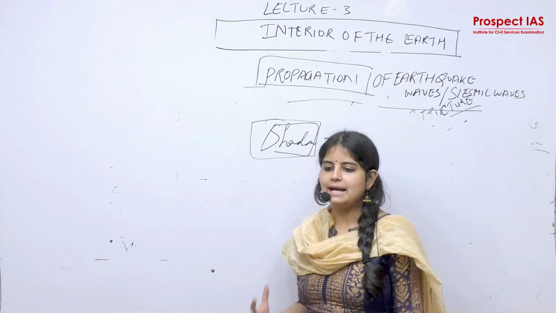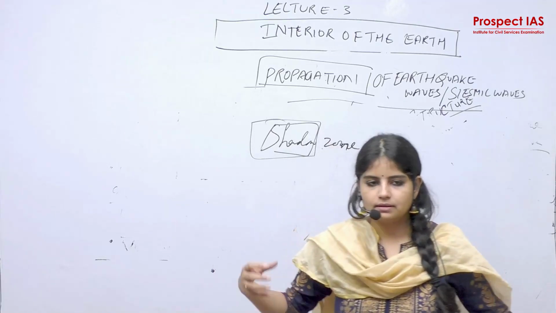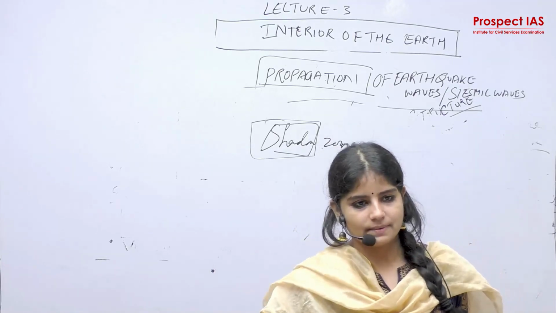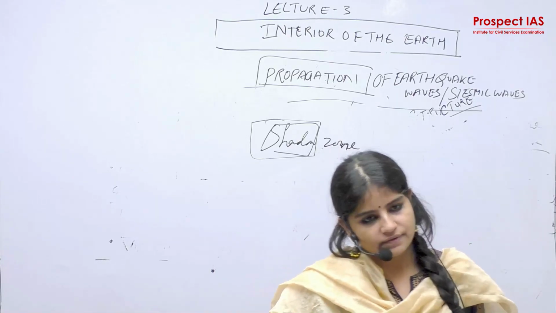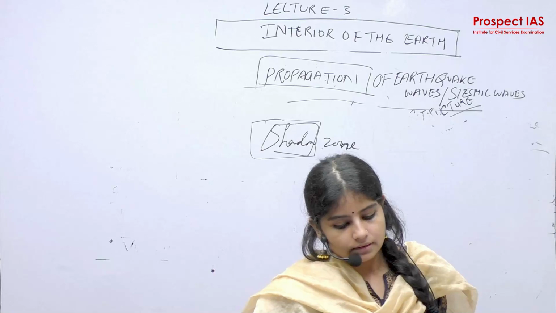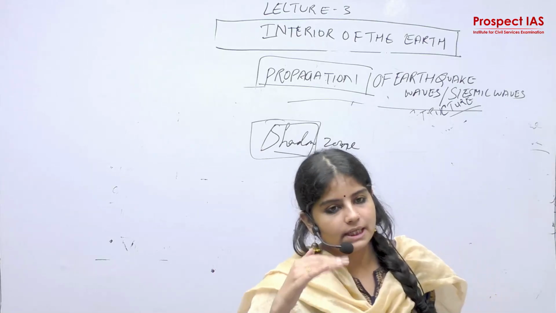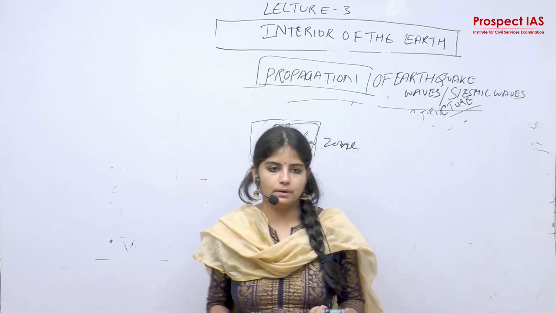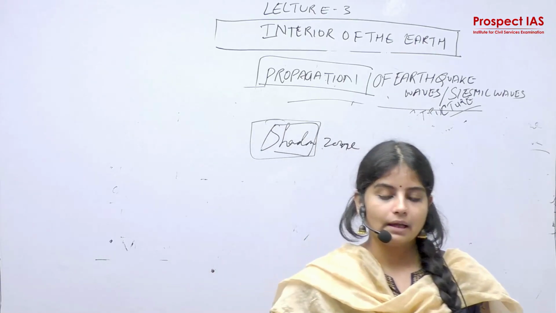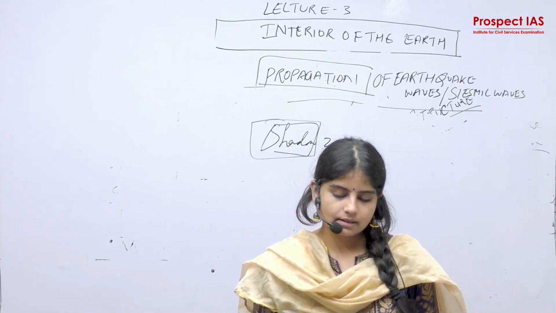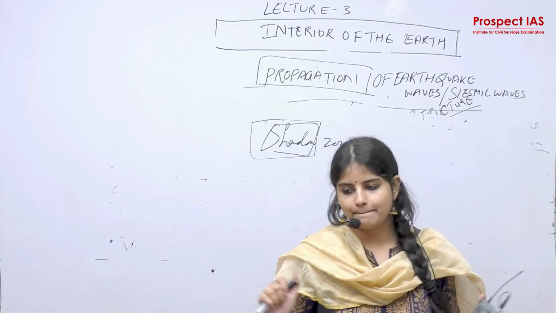Why? Because of the high temperature state. You can write one exercise question. Okay, Divya, the first reason for the creation of shadow zone is the division of the earth into 3 layers: crust, mantle and core. And the second reason is liquidification of the mantle.